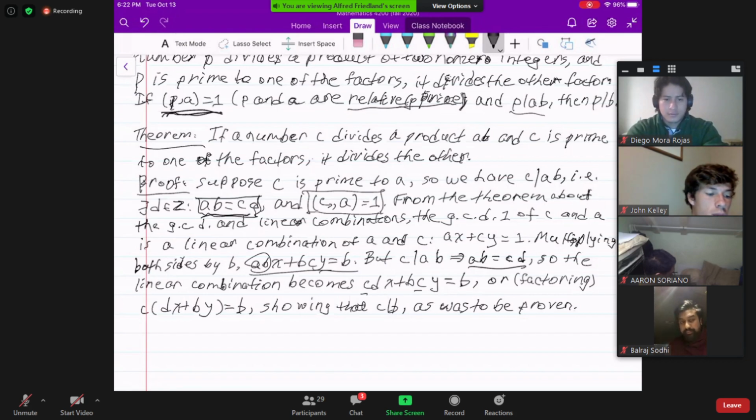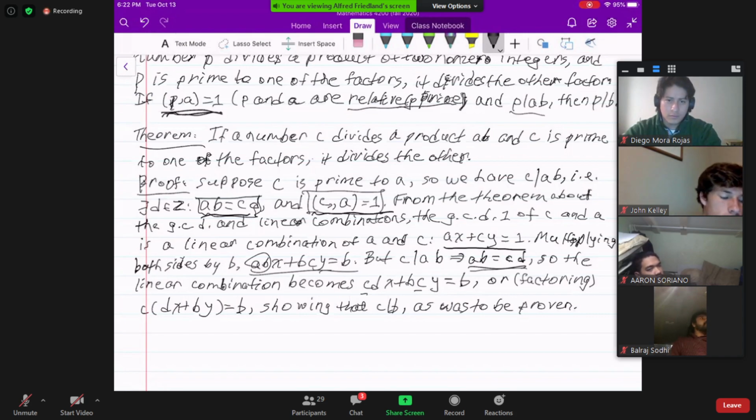And since the greatest common divisor of C and A is 1, from that important theorem we had on Thursday, 1 can be written as a linear combination of C and A. So A times something plus C times something equals 1, the greatest common divisor.